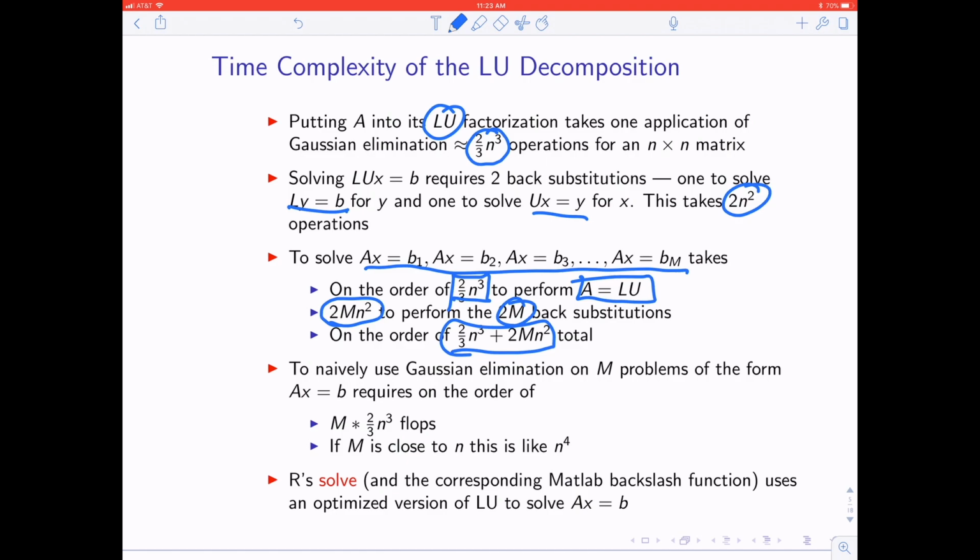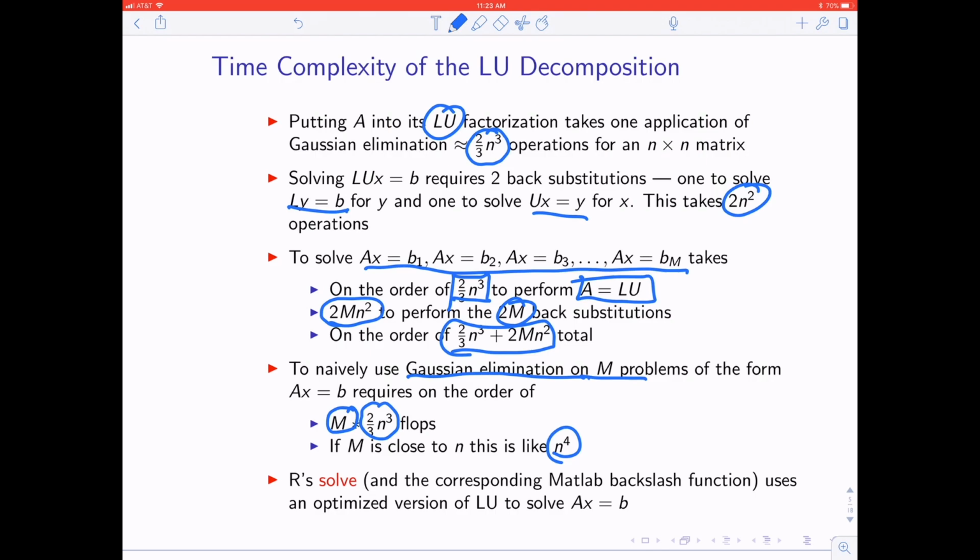Compare this to what happens if you just do Gaussian elimination over and over again on m problems, right? So you do 2/3 n cubed times m for the Gaussian elimination, and then there's back substitutions as well, which are lower order n squared. But if m is close to n, this is like order n to the fourth, right? This is really big.